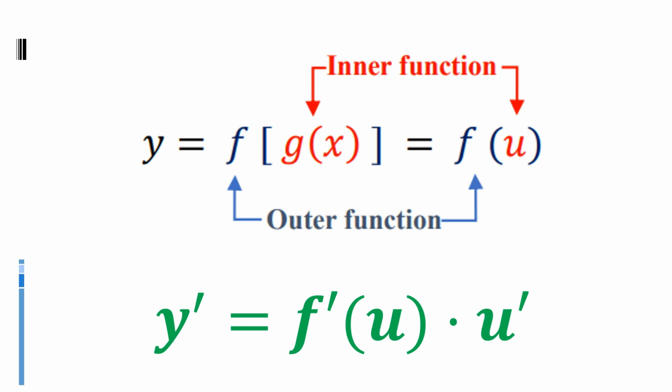Note that yung chain rule, true siya sa kahit ilang composition ng function. For example, we have y equals f of g of h of x. Okay, tatlo yan. So, ganun pa rin, kunin mo yung derivative ni f, derivative ni g, derivative ni h, and then multiply.